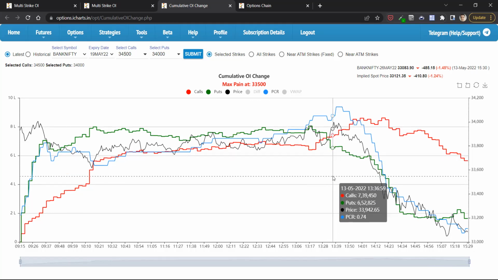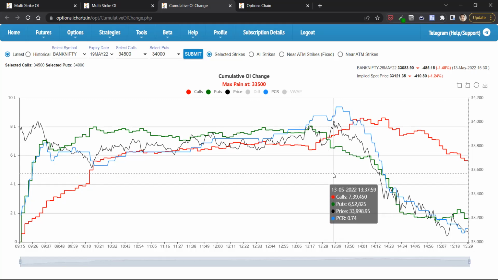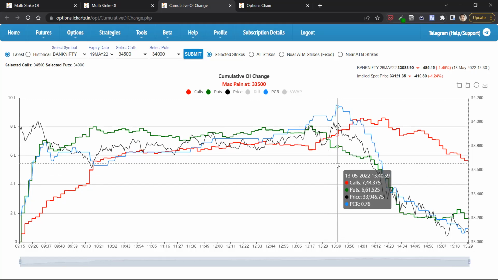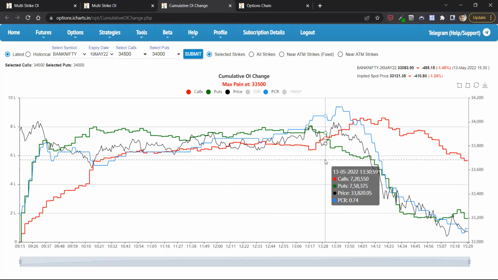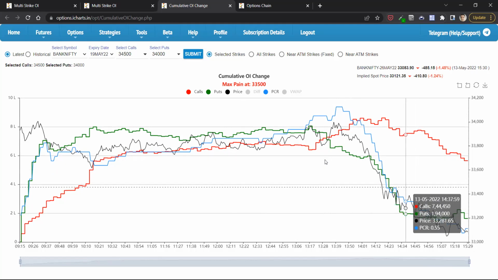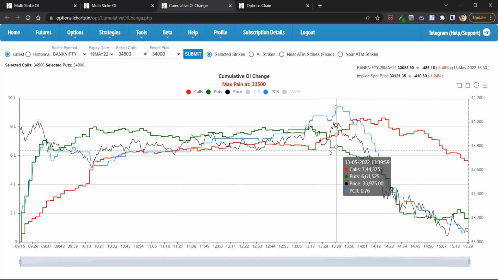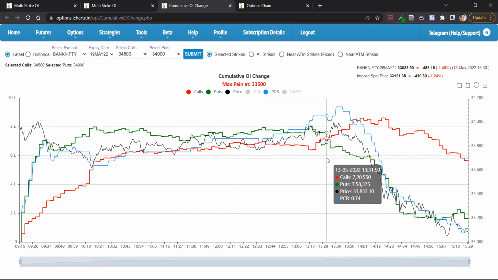Yeah, absolutely. I think this is the concept behind what Mr. Vijay was talking about, checking the in the money strikes. Here, puts are in the money, but calls are out of the money. Even the in the money puts are giving us a signal at around 1:32 that we are going down.